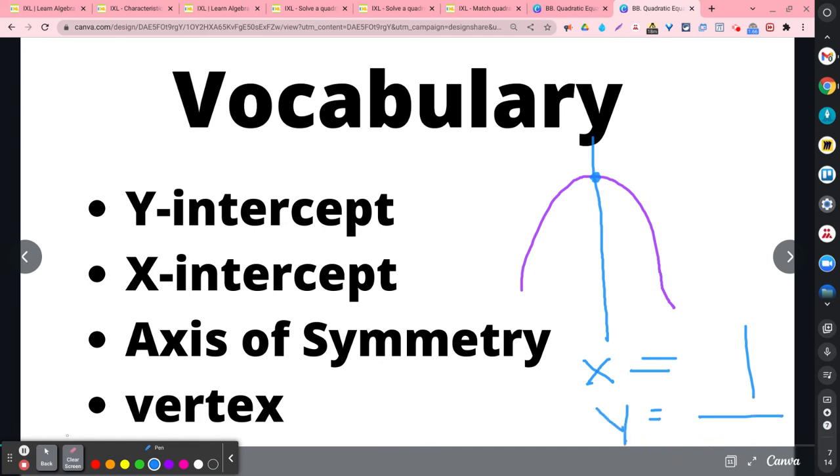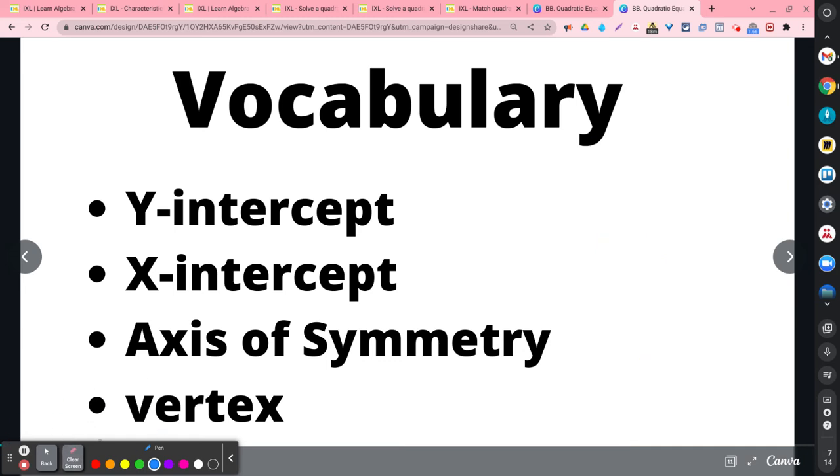Do you guys remember that? Yeah, you probably forgot by now, but it's okay. Anyway, so the axis of symmetry is the line that cuts the parabola in half. That doesn't look like one, but you can imagine it.